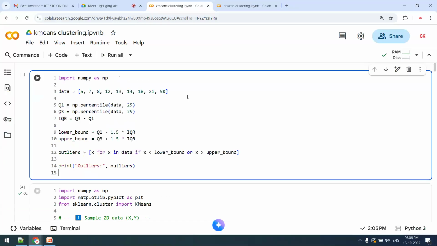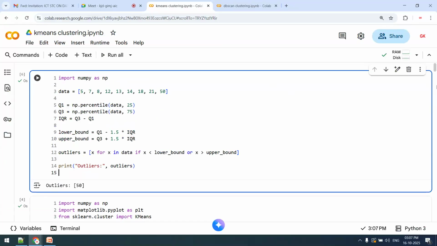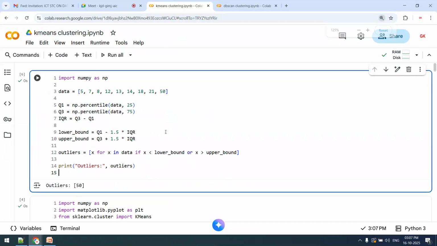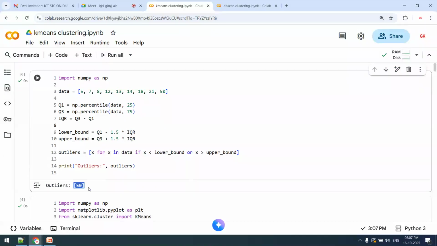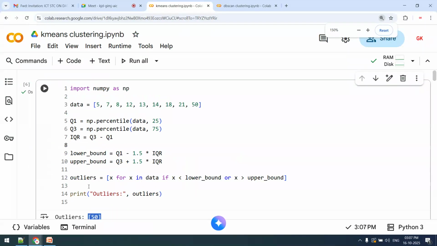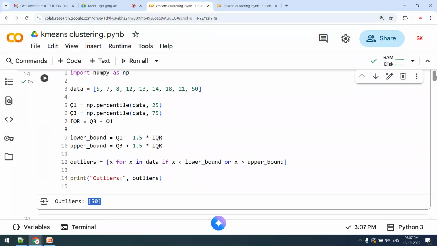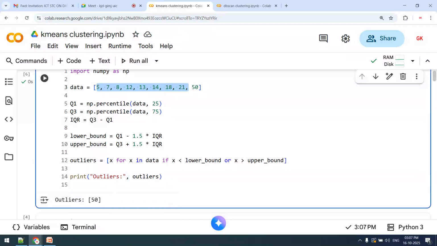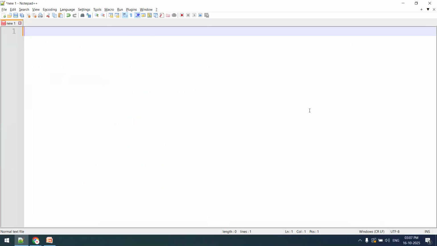Whatever data we have passed, you can see that I am not implementing any clustering approach. It is only IQR analysis. Only with IQR we are able to identify that 50 is the outlier value. After removing this 50 value, we will pass this data to our K-means algorithm or DBSCAN or whatever it is. So this is the script.